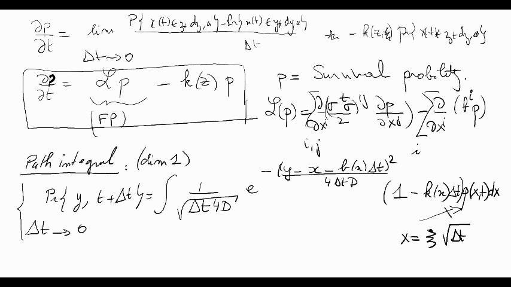Now let's continue to discuss the solution. There is a stochastic solution for this equation, a stochastic expression for this survival probability density function, PDF, and this can be written using a stochastic expression called the Feynman-Kac formula.